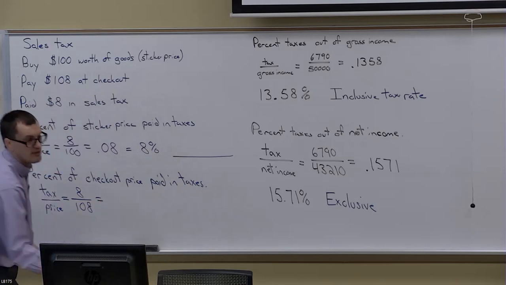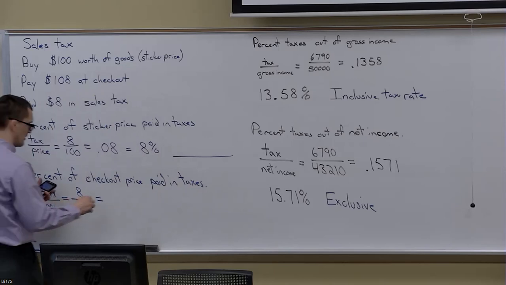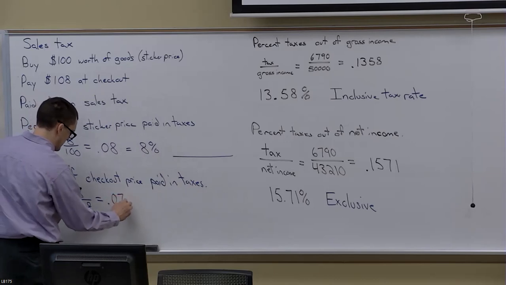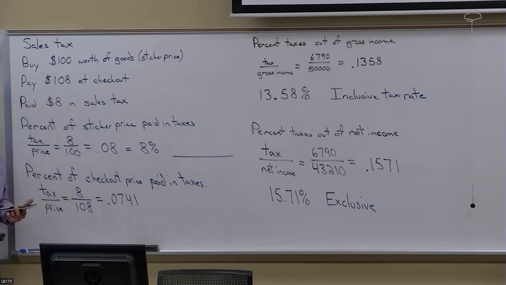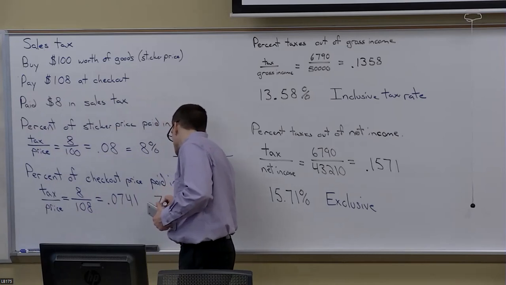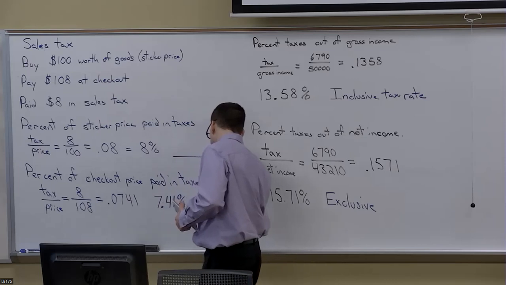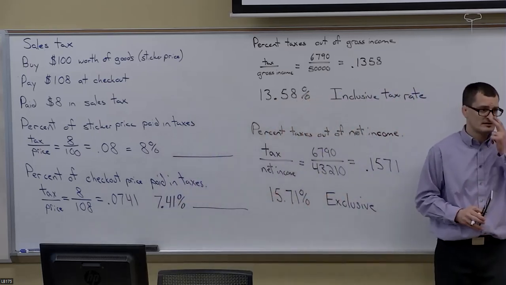I don't know what that is yet. It's a slightly smaller percentage, 0.0741 if I round to 4 decimal places. And I'm rounding to 4 decimal places because if I write that as a percentage, that's 7.41%. And again, I'll leave a little blank there so I can write a word.